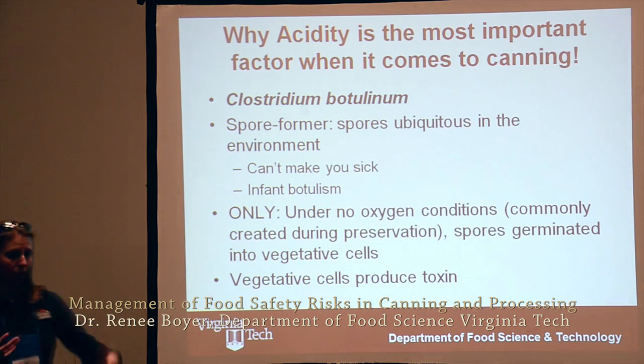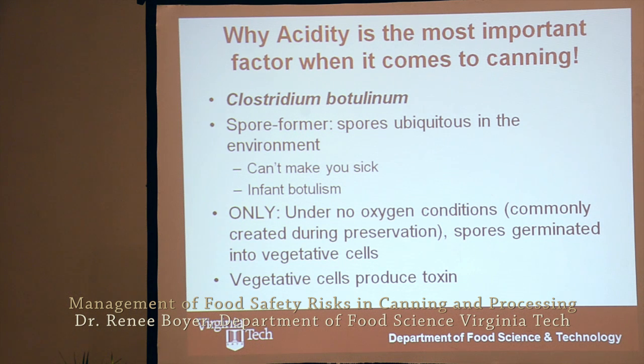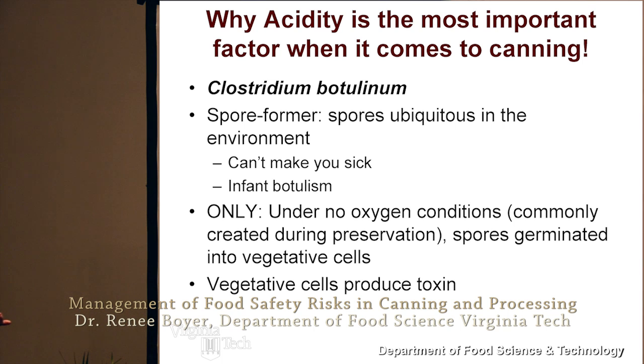Okay, now we're going to talk a little more in detail about Clostridium botulinum. I probably should have brought that in earlier, but okay. So the deal with Clostridium botulinum is that it is present in the environment in a spore form. All that means is some bacteria can make themselves more environmentally resistant by forming spores.